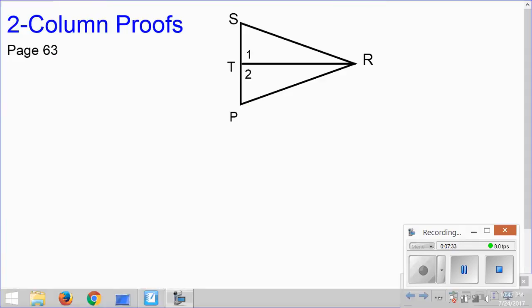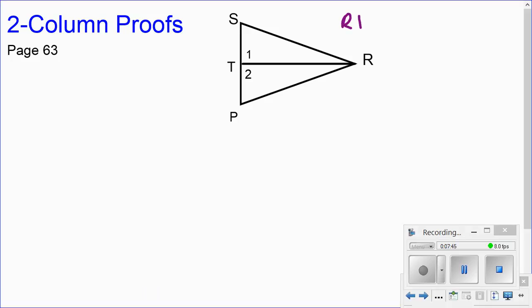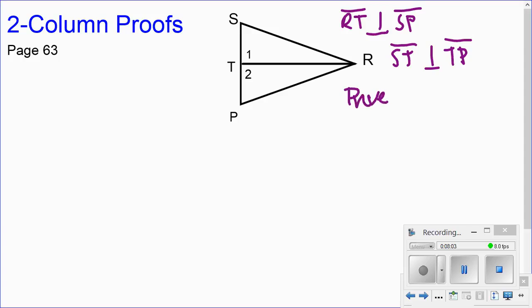All right, so let's take a look at this other proof on the same page. So in this proof, we were given that RT is perpendicular to ST, and that segment ST is perpendicular to segment TP, and we're supposed to prove that triangle STR is congruent to triangle PTR.